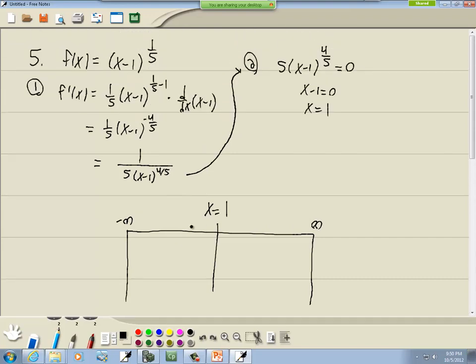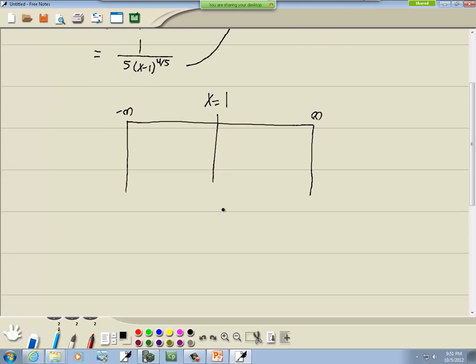Now, if I were to put the 1 in here into our derivative for the test case, it causes 0 in the denominator, but that isn't a real big issue. If I plug 1 into my original problem, we get 1 minus 1, which is 0, 0 to the 1/5. That's actually okay. This has to actually exist in your original function.